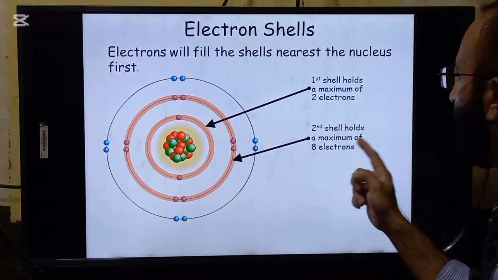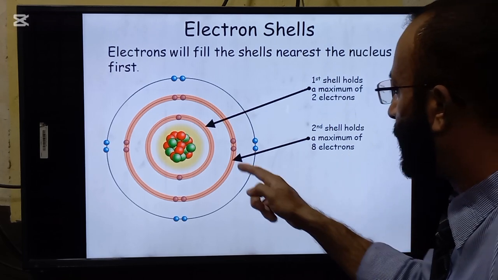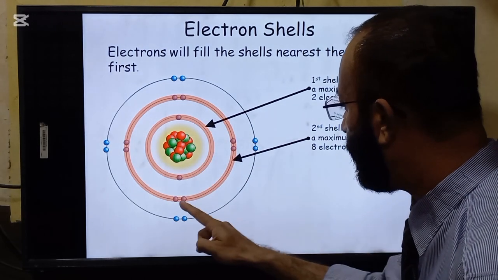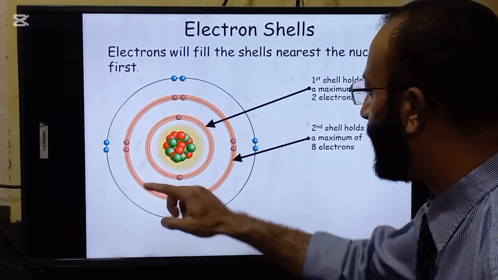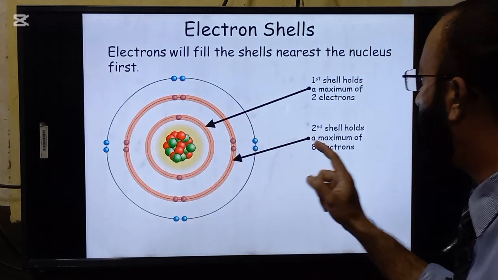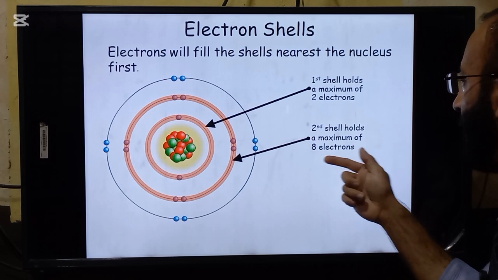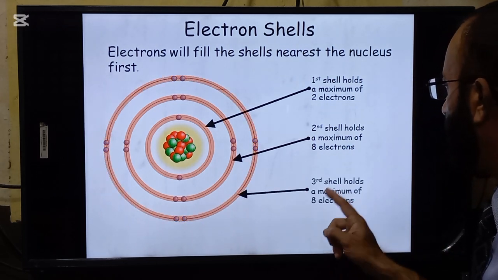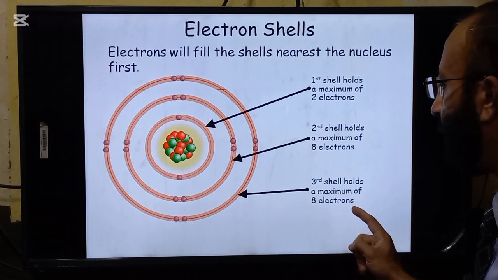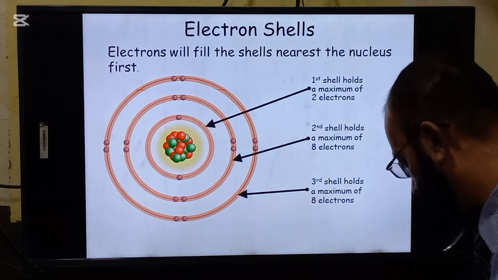Second shell holds a maximum of 8 electrons. You can count 1, 2, 3, 4, 5, 6, 7, 8. Third shell holds a maximum of 8 electrons.